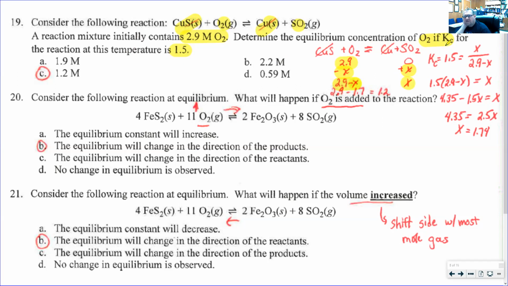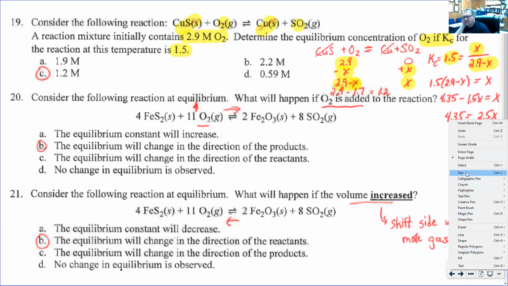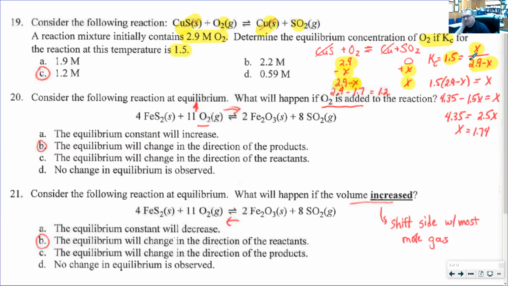So if I look at this, to solve what the value of K sub C is, 1.5, I've got X and 2.9 minus X. And if I just do the algebra, I take the 2.9 minus X and multiply it over to the other side. Let me get a pen of a different color here. So I'm going to take this term and multiply it over to this side.